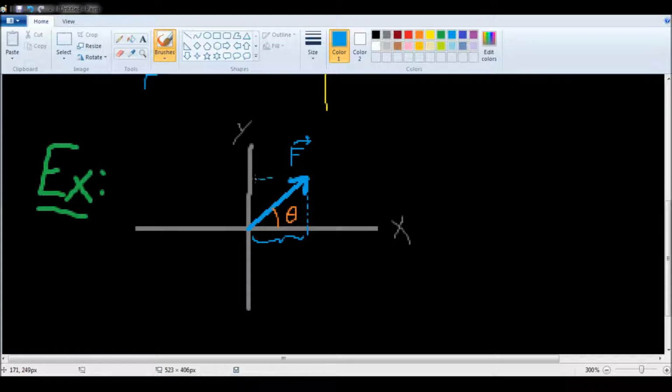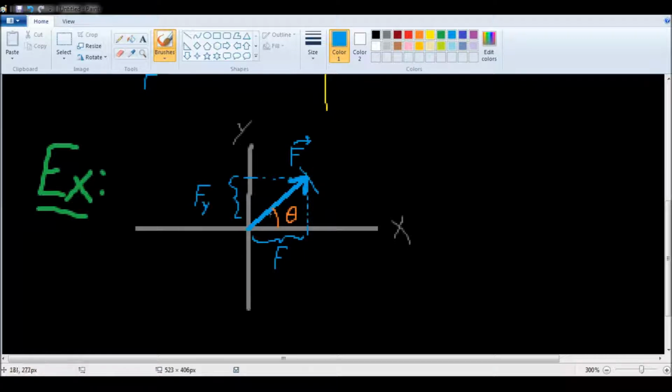We have a distance here that is the amount of this vector f that appears on the x-axis and the y-axis. And the way that we can write that is simply by writing the magnitude of f with a subscript y or a subscript x, just to denote that it's not the magnitude of f, or not the length of f.